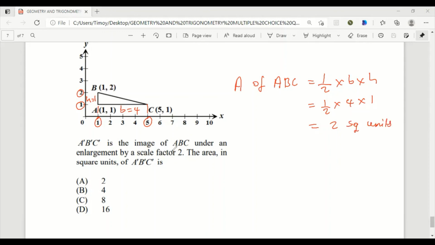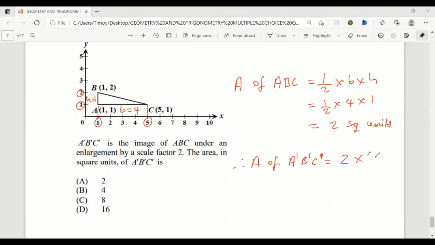Now they want us to determine the area of the image. So the area of the image, which is A prime, B prime, C prime, is going to equal the area of the object, which is 2, times the square of the scale factor.